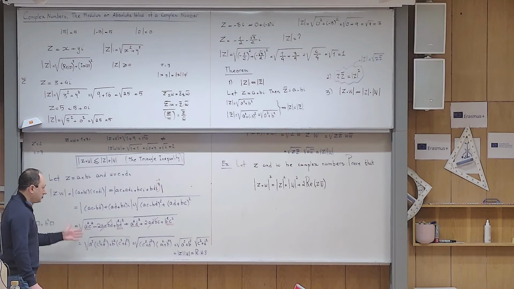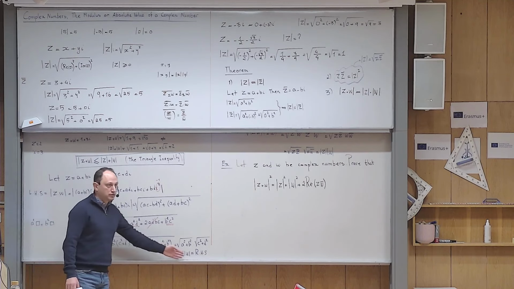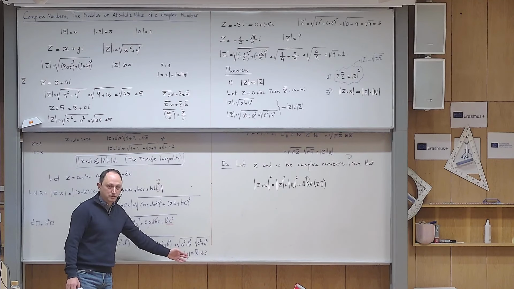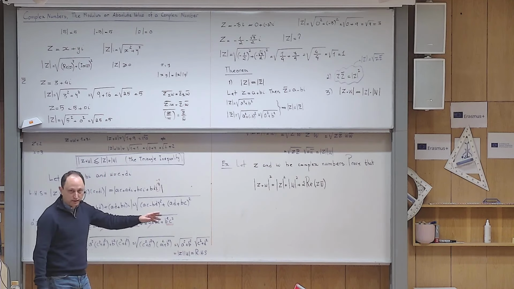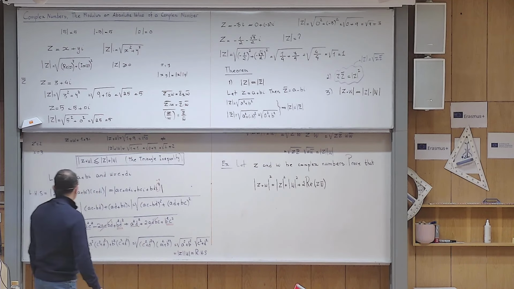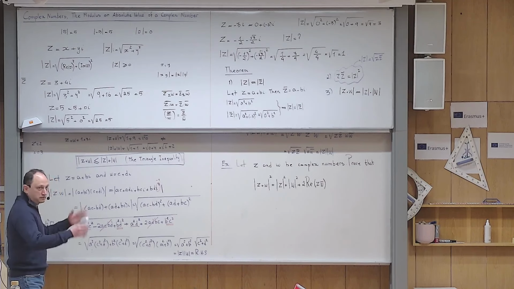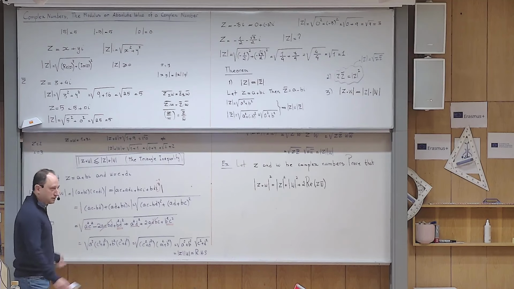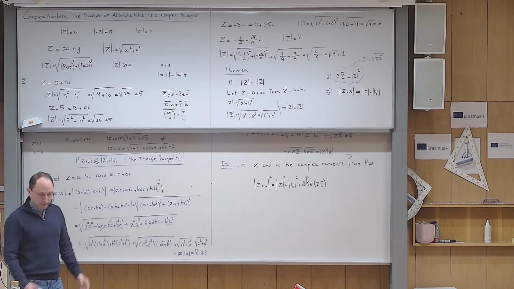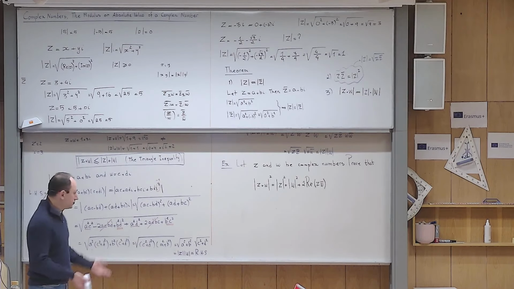In the middle, I realized that I can continue and reach the right-hand side. Sometimes the algebra becomes involved, and you don't know how to go from left to the right directly. But what you can do is to calculate the left-hand side and simplify it up to some point, and keep it, and then go to the right-hand side, simplify it up to some point, and then compare it.